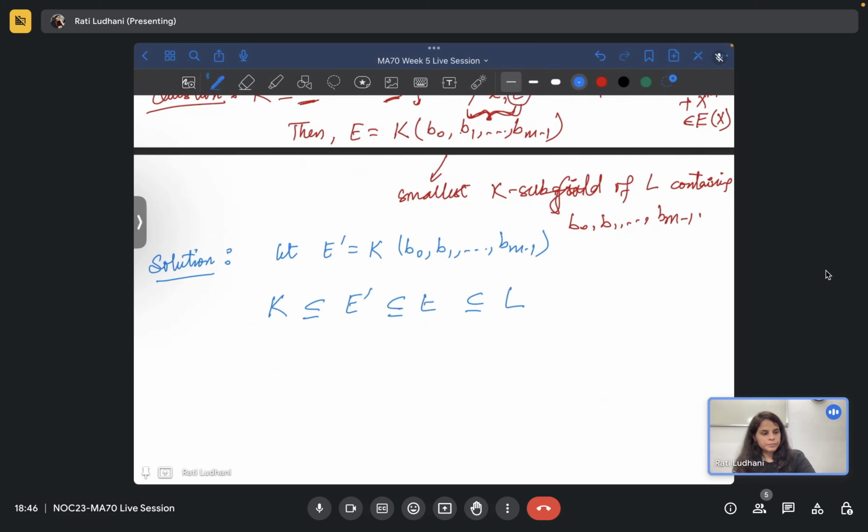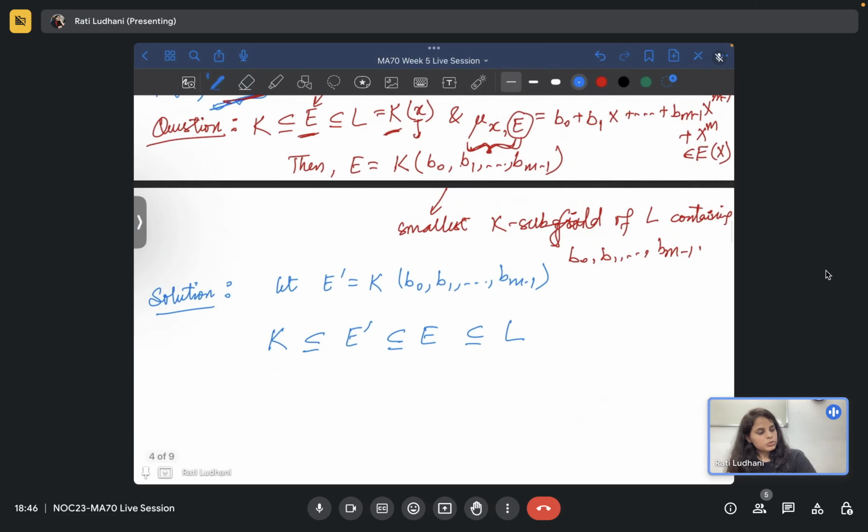That is obvious. Why? Because the minimal polynomial of x over E, b0 plus b1x up to and so on, belongs to E[x].